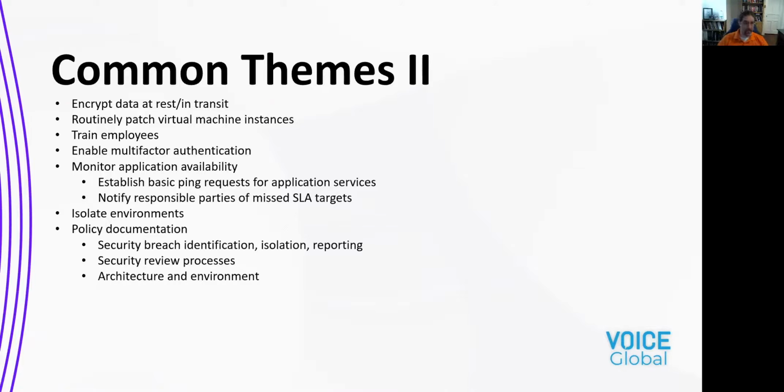And it sounds like it goes without saying, but encrypt your private data, both at rest and in transit. Of course, whenever it leaves your enterprise, whenever you're sending data to a customer or sending data to a business partner, but also internally.